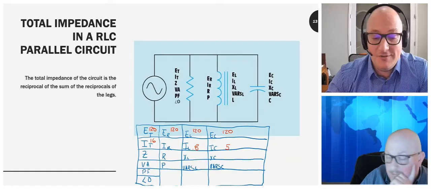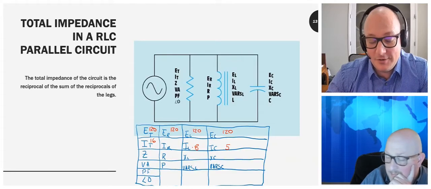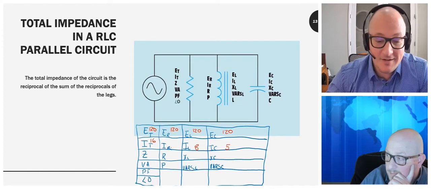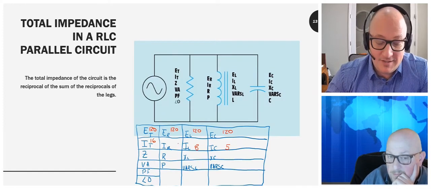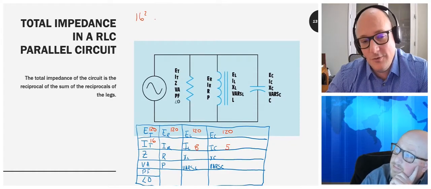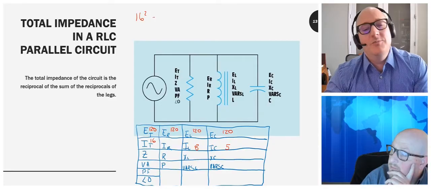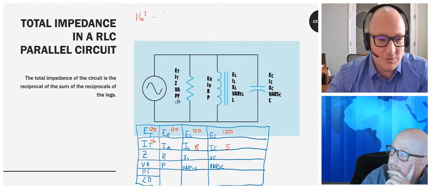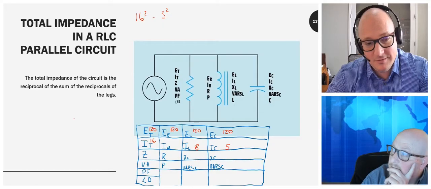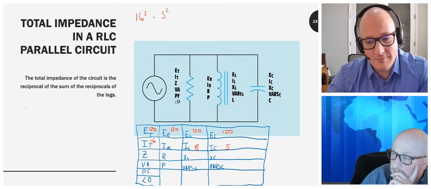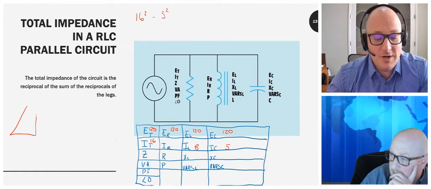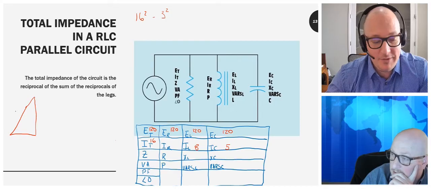Again, if I want to solve for the current drop or current flow through the resistor, it's 16 squared minus 3 squared and the square root of that. The reason we're coming up with that is because the total current is the hypotenuse, or C. So the formula, A squared plus B squared equals C squared, or if we want to solve for A squared, we can take C squared minus B squared.